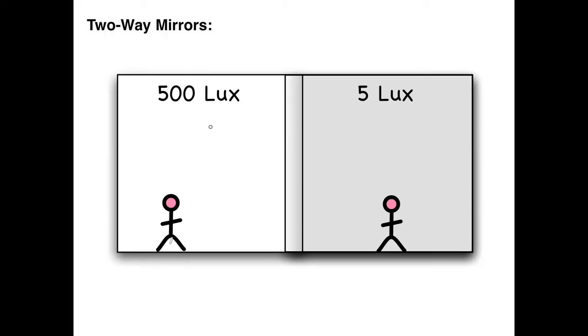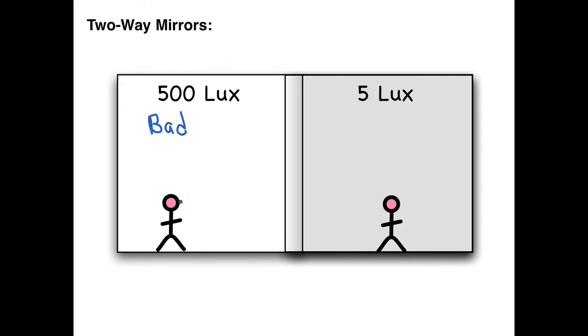Okay, the next type of mirror that we'd like to look at is a two-way mirror. This is the kind of mirror that they might have in a police interrogation room, where from one direction it looks like a mirror, and from the other direction it looks like a piece of glass. To see how this works, let's imagine that we are the bad guy who happens to be in this room here. Okay, you'll notice that this room is really bright, 500 lux.